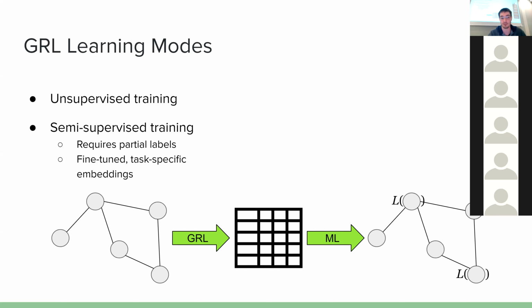And this would probably give me enough information to try to predict the likelihood that there will be this connection between these two people at some point in the future.